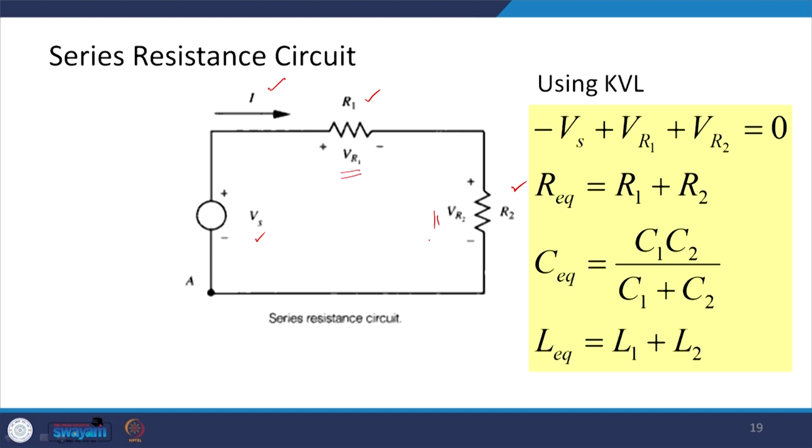So, if I write Kirchhoff's voltage law here, taking this as the loop, then minus Vs plus VR1 plus VR2 is equal to 0. Now, if I substitute for these voltages VR1 and VR2, I can find an equivalent resistance, which is going to be equal to R1 plus R2.